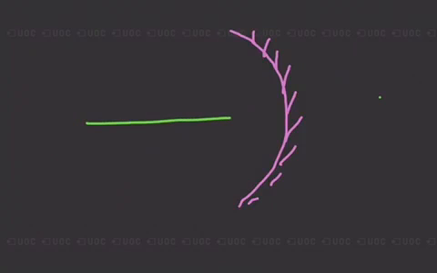Some nice light color will do. Yes. All right. So as an example, I take this concave mirror and it has a principal axis, it has a pole, it has a focus and a center of curvature.